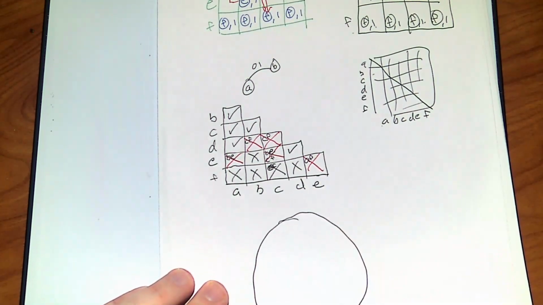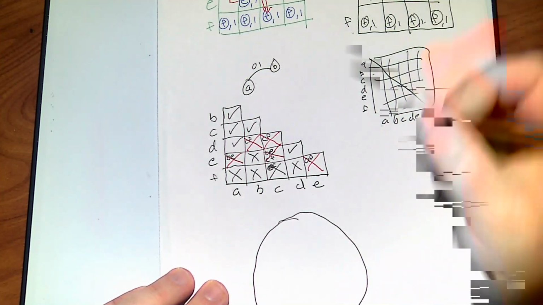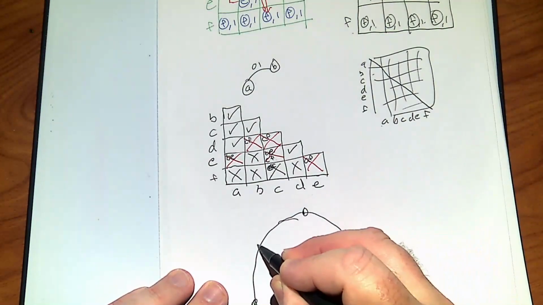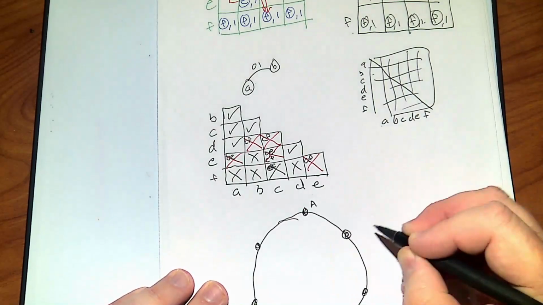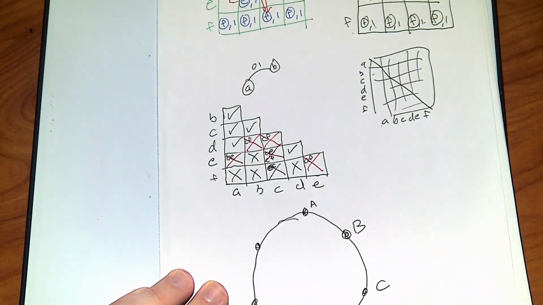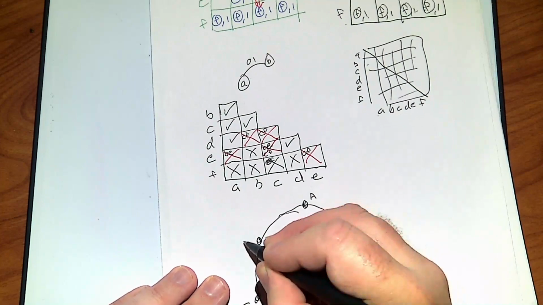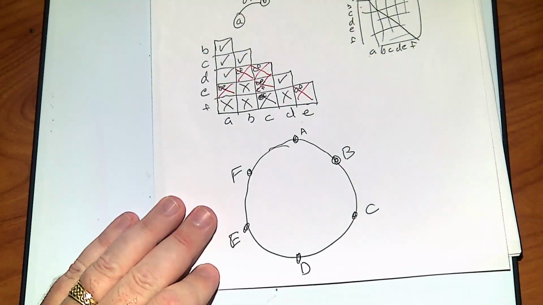So you draw a big circle, and we've got six states. I'm going to put these spots on them. I'm going to label them A, B, C, D, E, F. Fair?